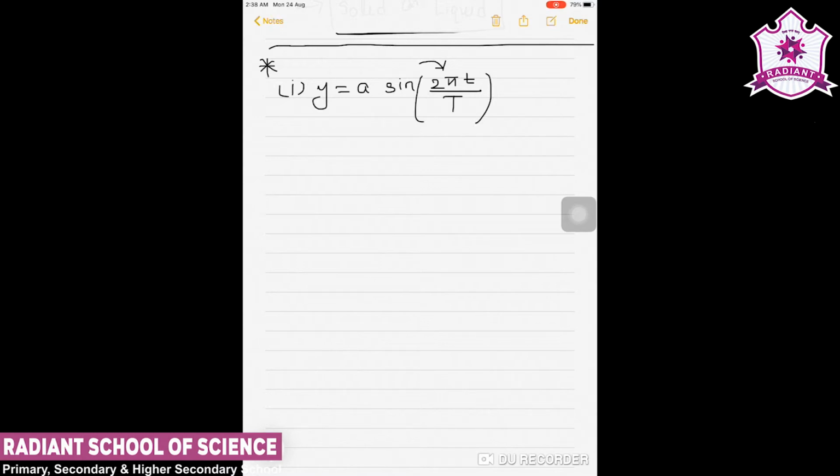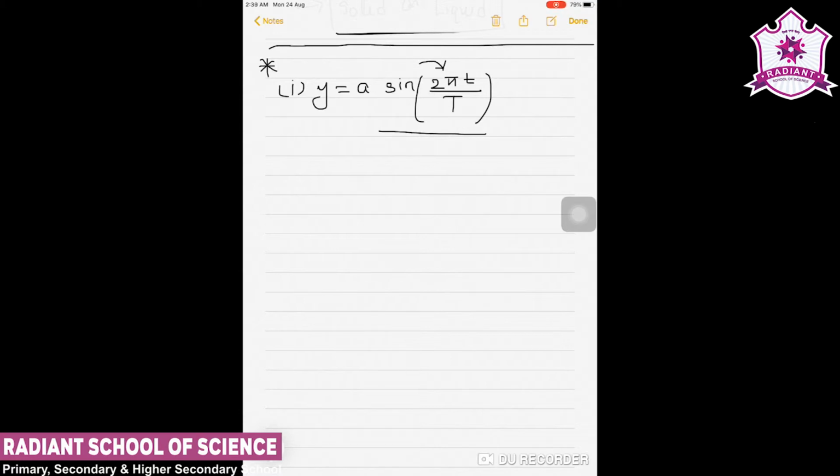So here the angle term with sine, this bracket is theta and it should be dimensionless. If there is any dimension inside it, then we can say that this equation is not true.